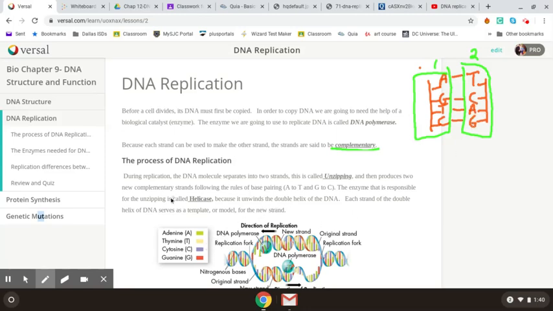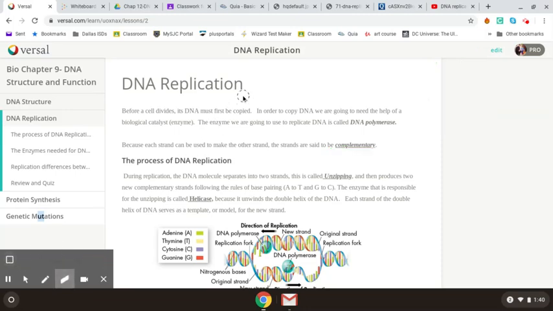In order to duplicate or replicate this DNA, we have to know what the letters are. We have to see the letters inside of the DNA so that we can replicate what the letters say.